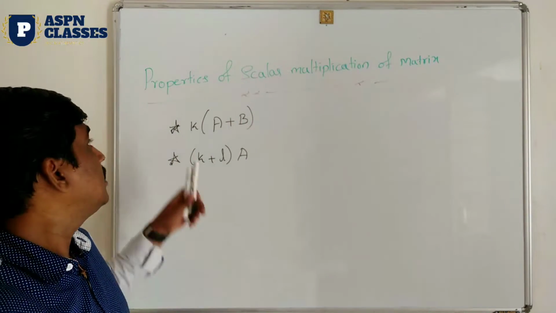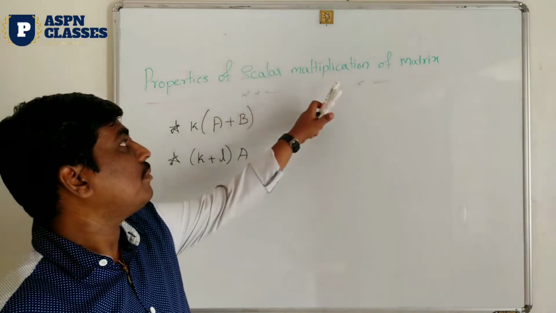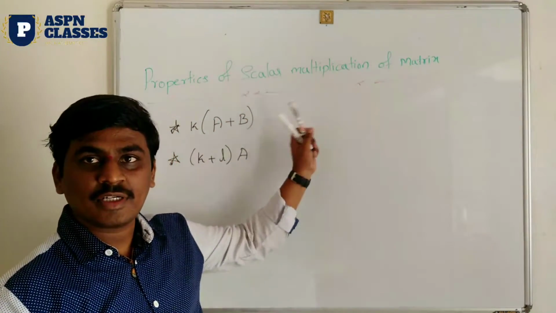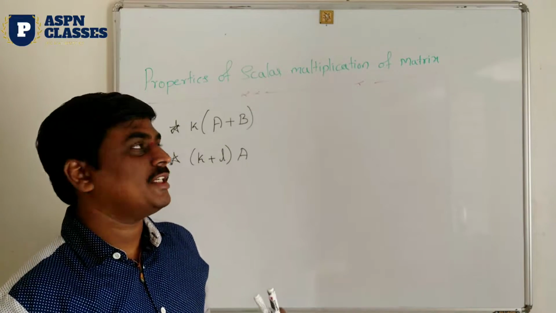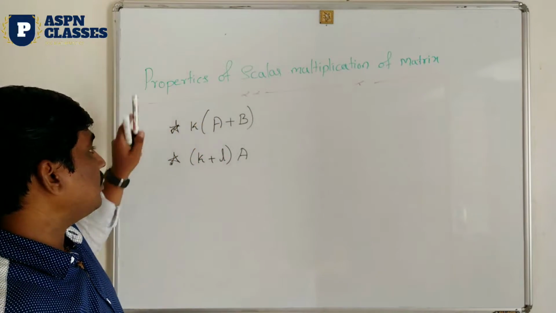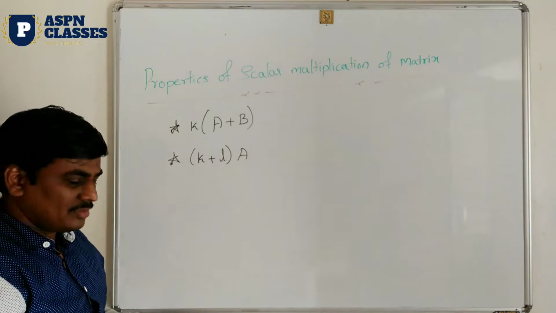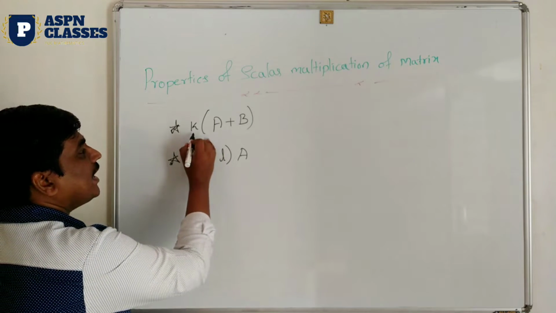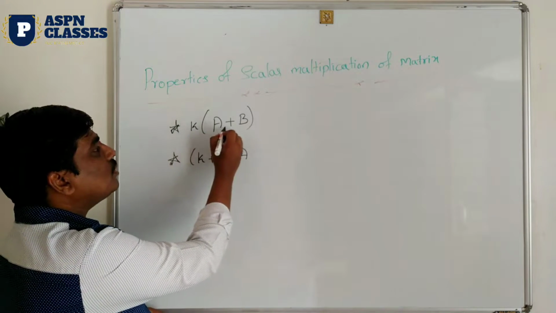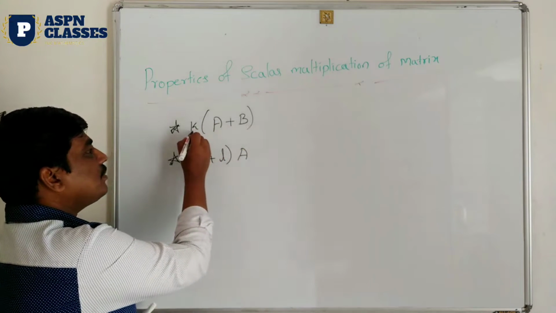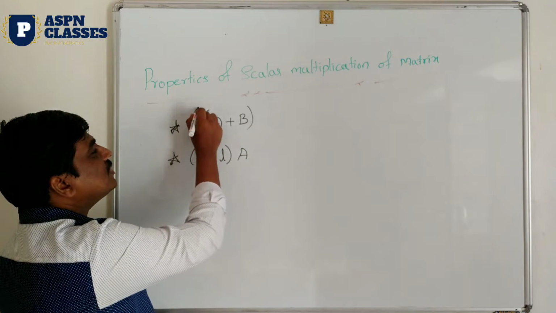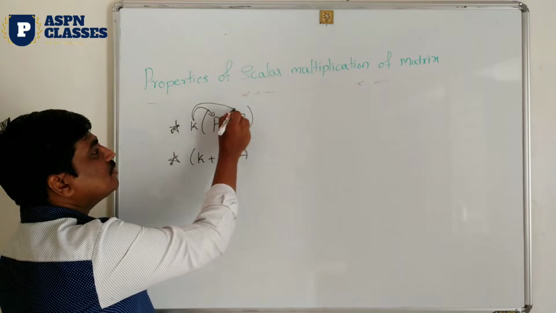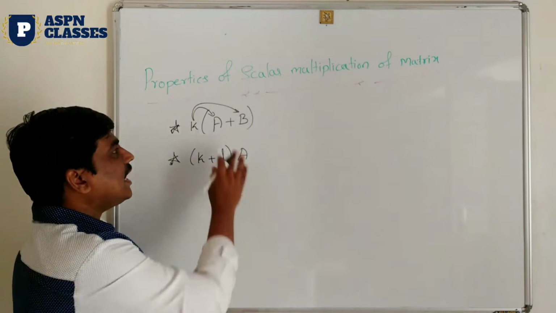Next, properties of scalar multiplication of a matrix. We already studied scalar multiplication of a matrix. So what are the properties? Two properties are there. First one: K is a scalar number, and there are two matrices being added and then multiplied with the scalar. It is very simple: K multiplied with both matrices, then add these two results.